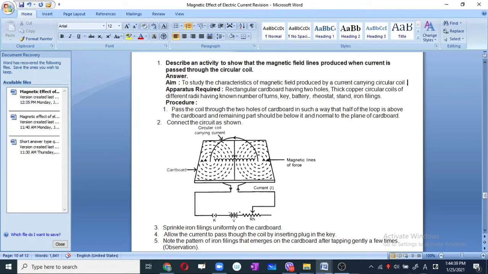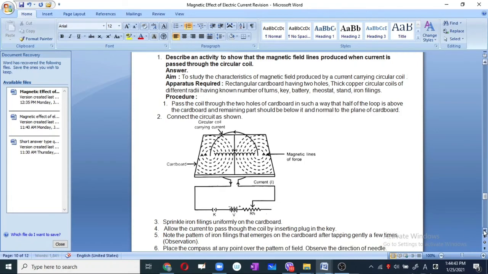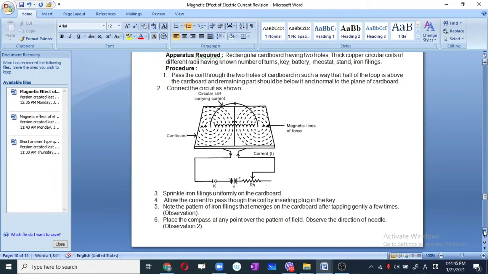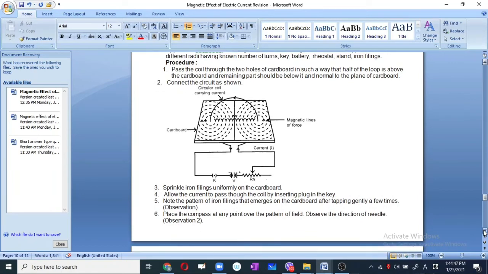Connect the circuit as shown. After connecting the circuit, sprinkle iron filings uniformly on the cardboard. Allow the current to pass through the coil by inserting the plug in the key. Note the pattern of iron filings that emerges on the cardboard after tapping gently a few times.